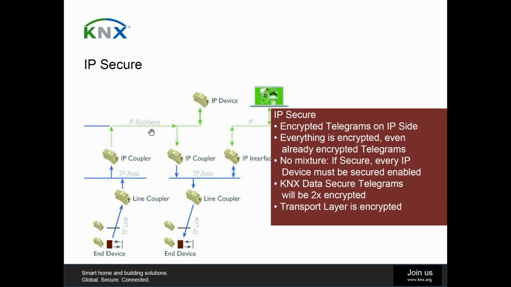But the big advantage now is that here on the IP backbone, even the transport layer is encrypted. That means any information from sender and receiver is now completely secure. No possibility of seeing from where to what something is going.